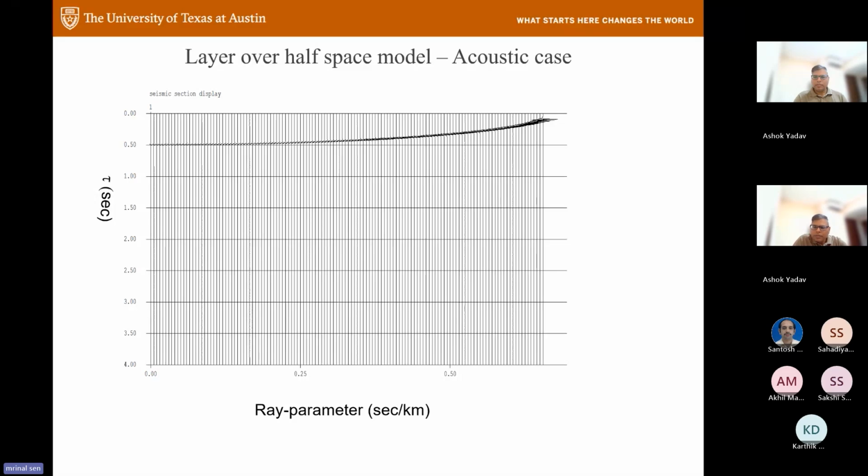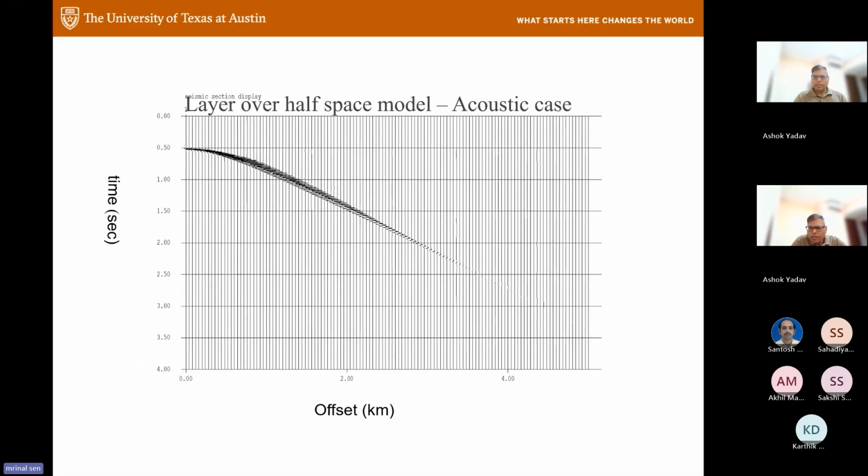Good. So I take this now, I do a plane wave transformation, and I get a point source synthetic. This is your offset gather. So what do you see here now between this and this? It seems reversed. Now the travel time is increasing with offset and the amplitudes are decreasing with offset.